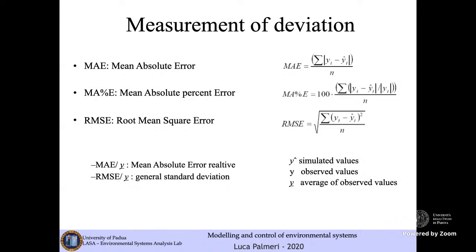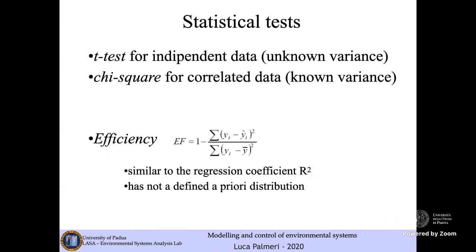So these are simulated values, and these are observed values, and this is the average of the observed values. The usefulness of this efficiency is that it tells you how much better you are doing than by employing the average.